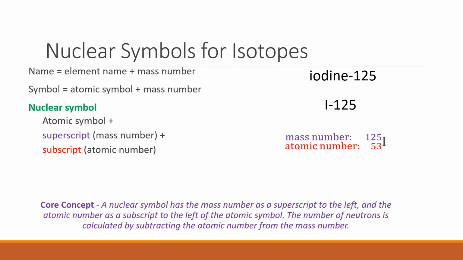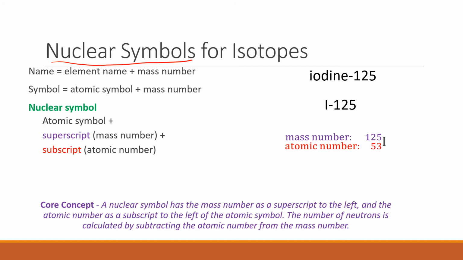Most elements have more than one naturally occurring isotope, and sometimes additional isotopes can be prepared artificially. For example, silicon has 3 naturally occurring isotopes and 17 man-made isotopes. In order to identify different isotopes of an element, we use nuclear symbols. The nuclear symbol for an isotope is written with the mass number as a superscript.